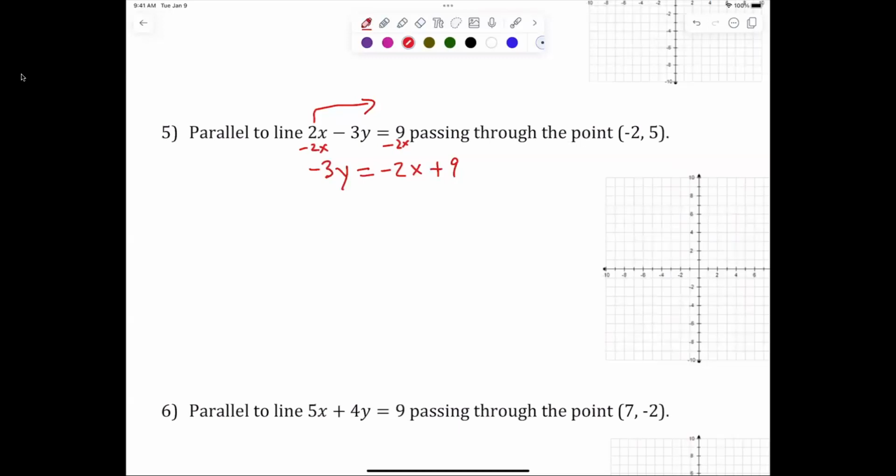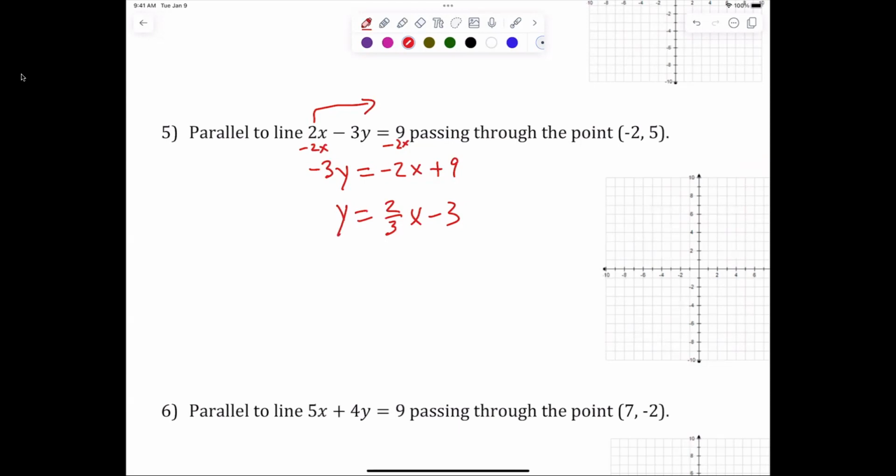And now my final step is to divide by negative 3. Now, some of you are having an awful hard time dividing by negative 3. I don't know why. All right. You should be able to look at that and say y is equal to 2/3 x minus 3. Everybody should be able to look at that and say that's just 2/3 x minus 3.